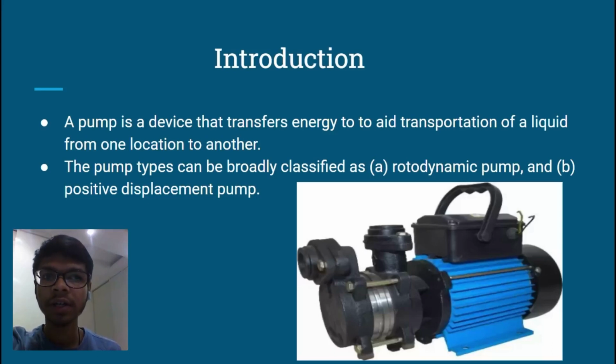So there is a vast use of pumps, and therefore there are various sizes and shapes of pumps that are widely used in households and industries. Basically there are two types of pumps. The first type is rotodynamic or centrifugal pump, and another type is positive displacement pumps.